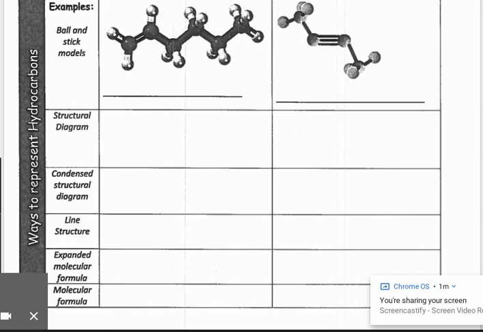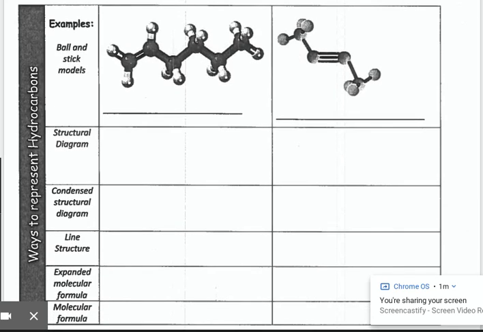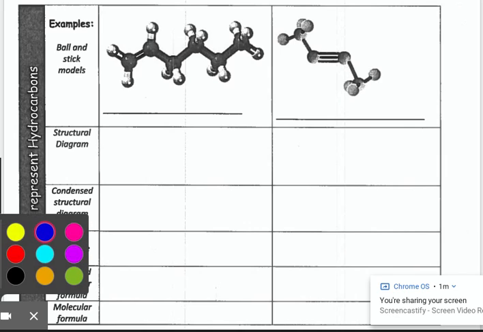So if we look at our example, right up here at the top, we notice very quickly that we have a double bond right here. So they're sharing 4 electrons.